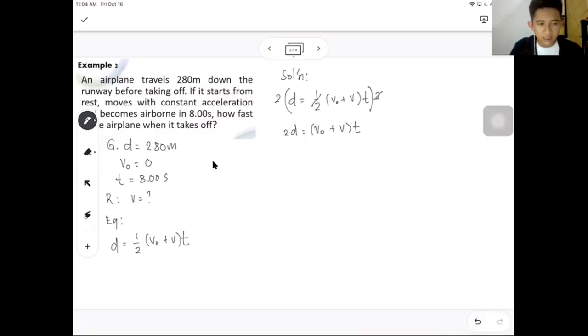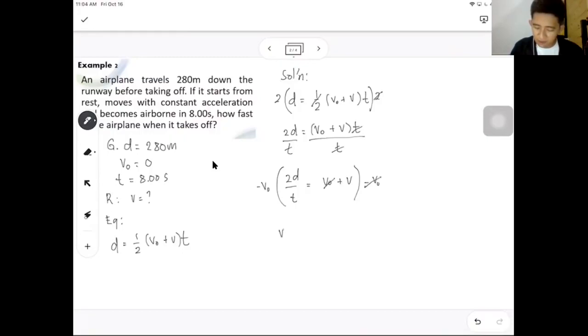So we need only d. So we divide both sides by t. So this cancels. So we have now 2d over t is equal to v sub 0 plus v. To isolate the final velocity, we subtract both sides by v sub 0. So this cancels.